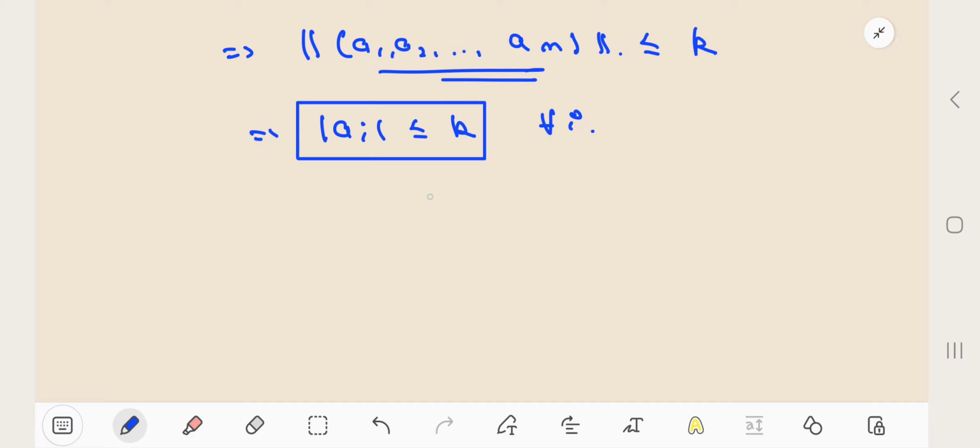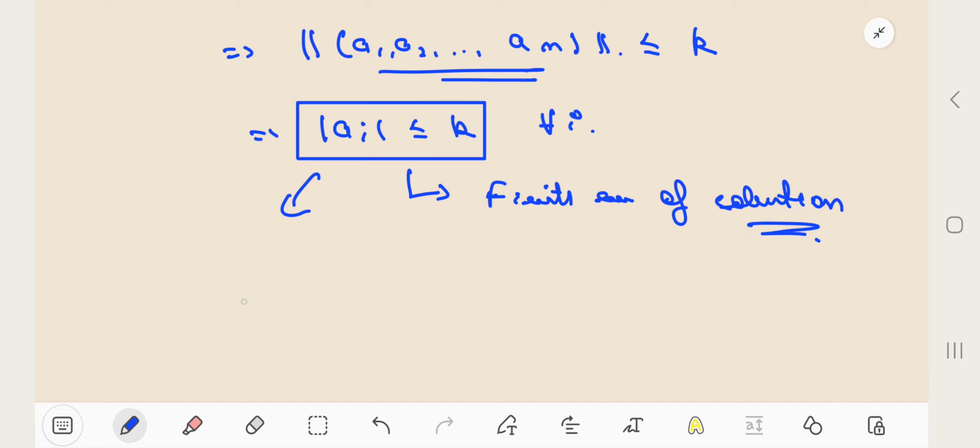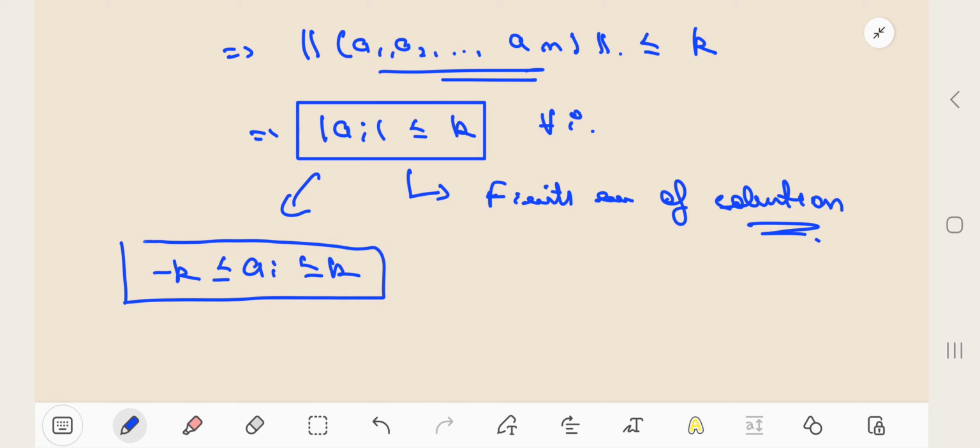What I actually want to say here is that this gives only a finite number of solutions, because this means that a_i is less than or equal to K and greater than or equal to minus K, and we will always get a finite number of integers which is bounded from both sides, right? So this has only a finite number of solutions.